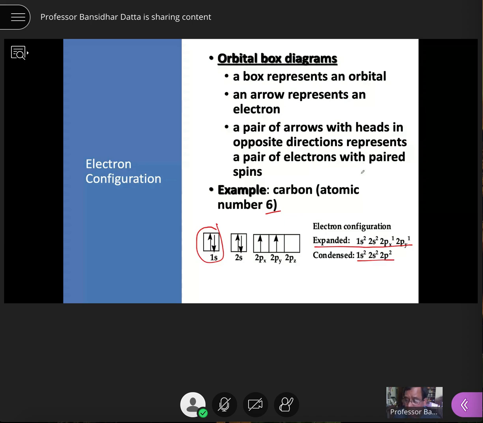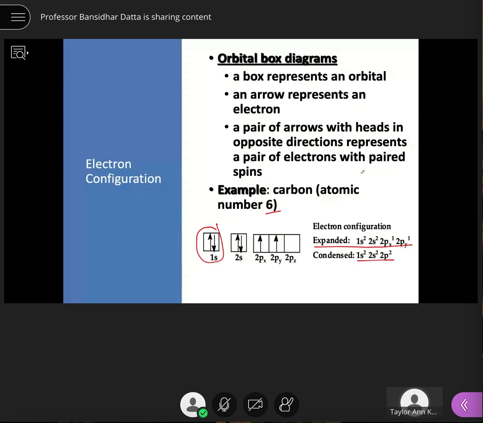As I told you earlier, my questions are usually multiple choice, so it will be asked in a way that you must know both the expanded as well as the condensed. Do you need the subscripts X, Y, and Z written? Yes, you do.